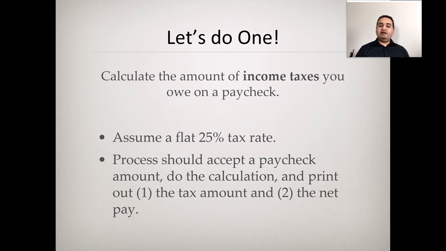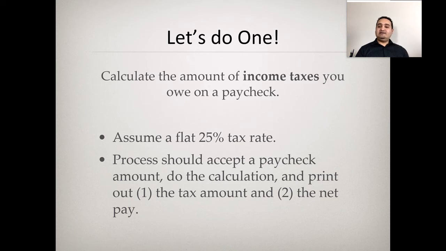So by reading this last bullet, I kind of understand what I really need to include in that flowchart. So the process should accept a paycheck amount. So basically my input should be the paycheck amount, and then do the calculation. So my process is the calculation of the tax, and then the calculation of the net pay, and last, print out.